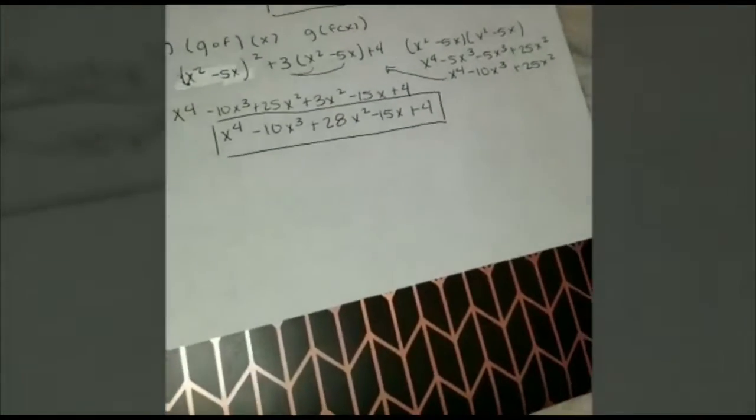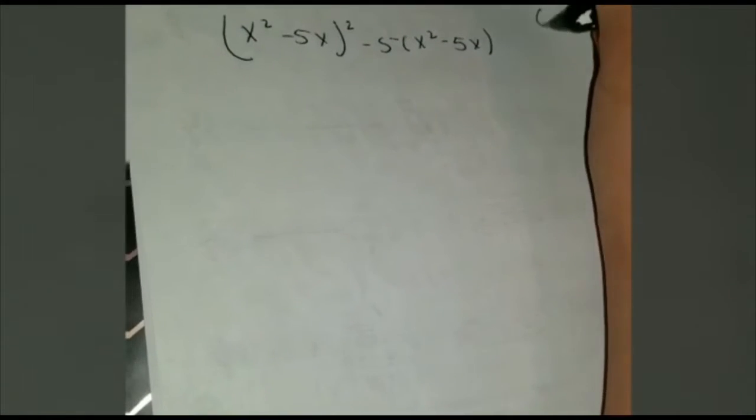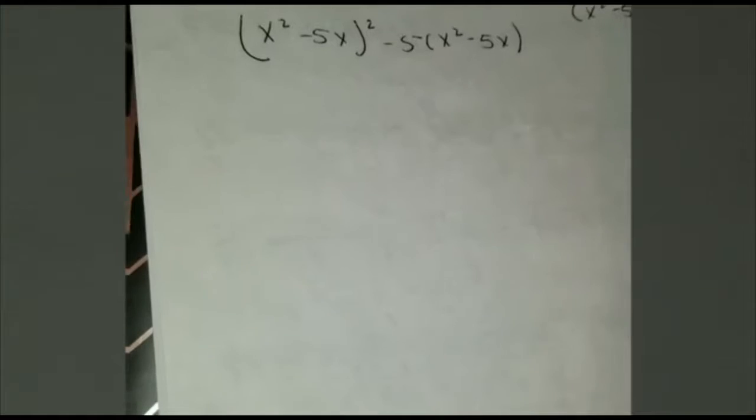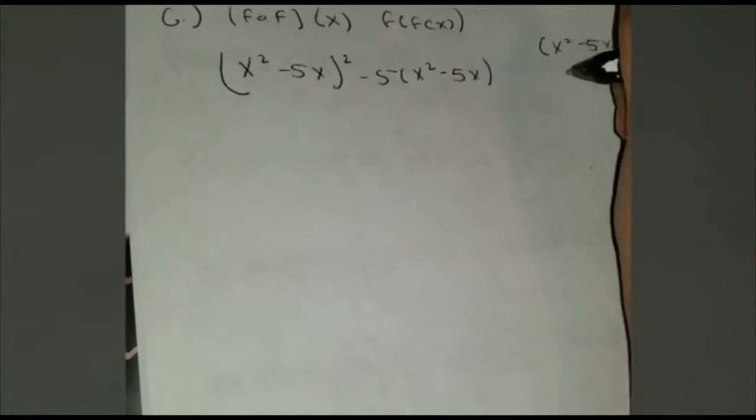And now, moving to part C. In this part, you're going to do f of f of x. So you're going to plug in f of x inside f of x. So it's going to be x squared minus 5x, squared, minus 5 times parentheses x squared minus 5x. And like the problem before, you already did the arithmetic for that FOIL problem, so you can just follow along on this one.